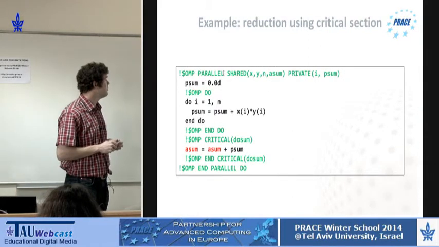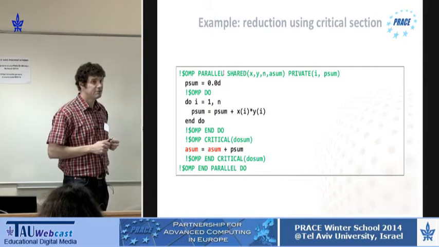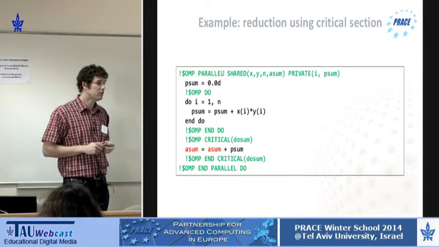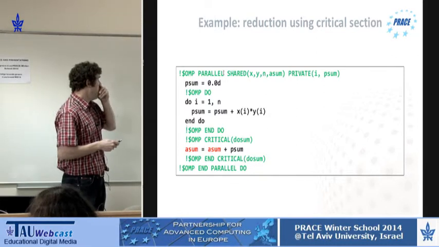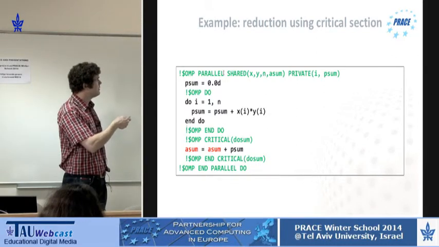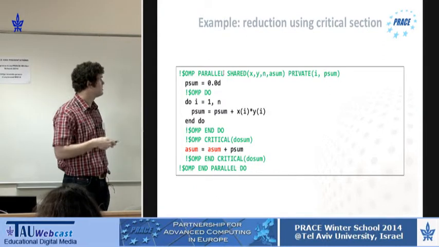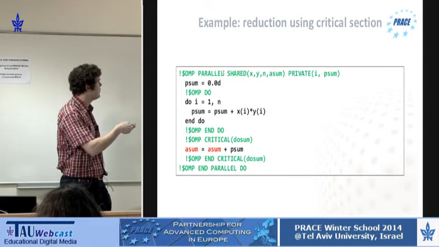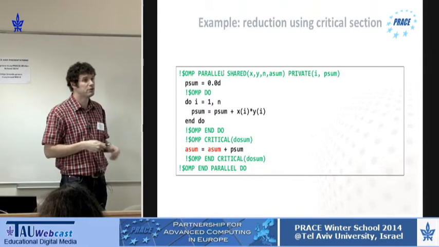Here's an example of doing the reduction, not with the reduction clause, but using these critical sections. We create the private variable here for the partial sums. So the actual partial sums here can be done in parallel by all the threads.